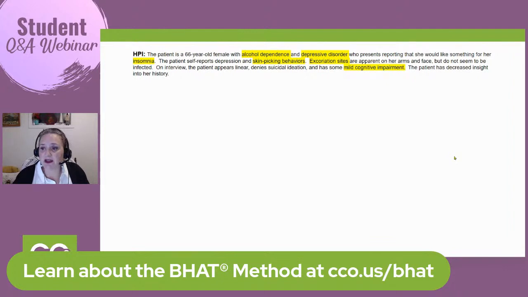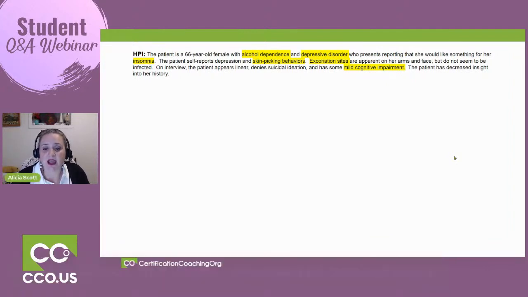And we have the link up there on how to do the BAT technique, as well as in our blitz we teach you this. So alcohol dependence, depressive disorder, skin picking behaviors, because we have the excoriation sites, and mild cognitive impairment. That's what we abstracted from the HPI.